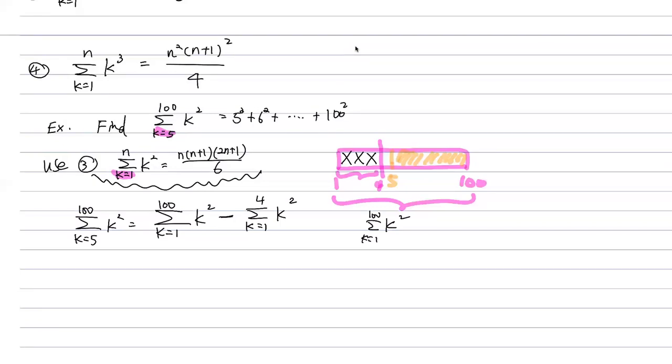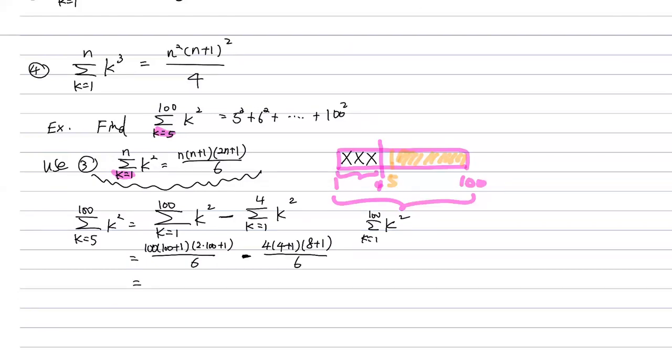Now for 1 to 100 of k squared, I can use my formula directly, which is 100 times 100 plus 1 times 2 times 100 plus 1, over 6, minus 4 times 4 plus 1 times 8 plus 1, since 4 times 2 is 8, over 6.